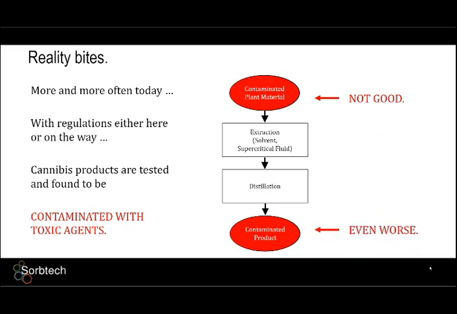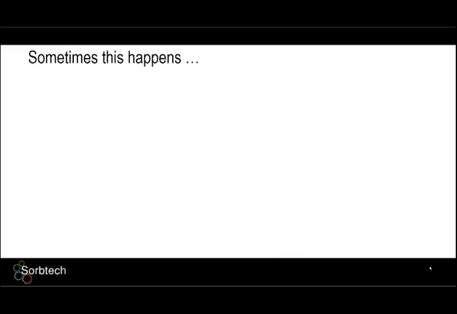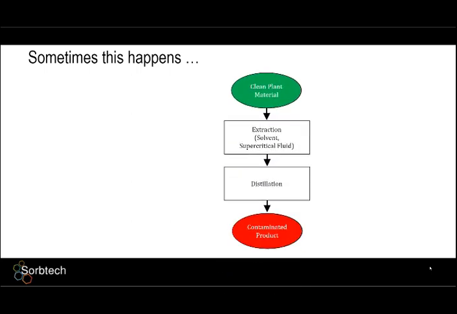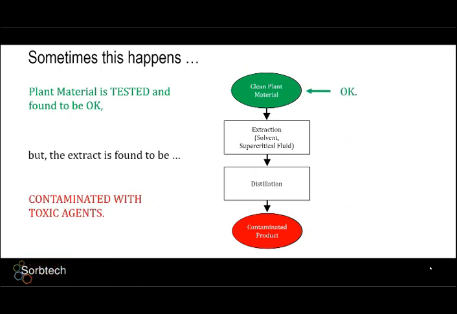Now, one thing that can catch you is that you can test your initial raw plant material, and it looks okay. But after extraction, the extract is found to be contaminated with toxic agents, and it's not good.